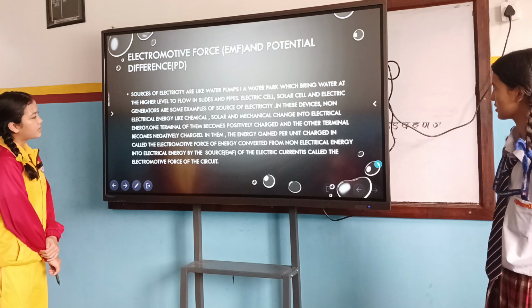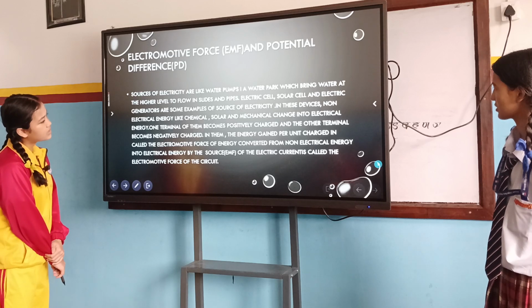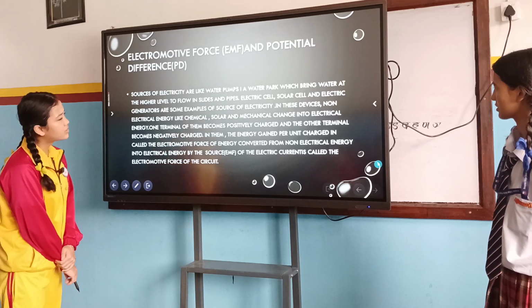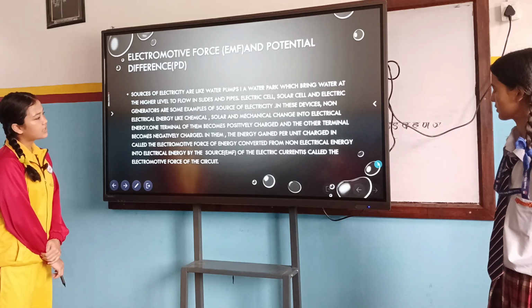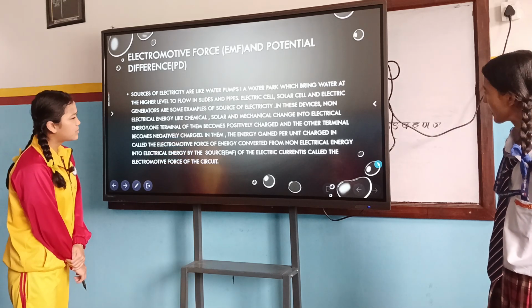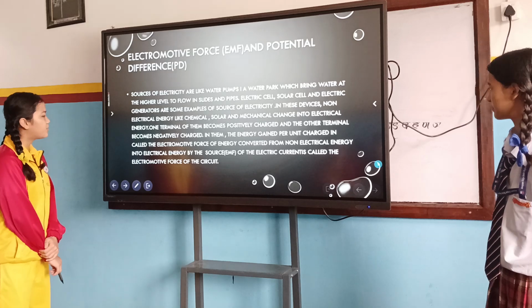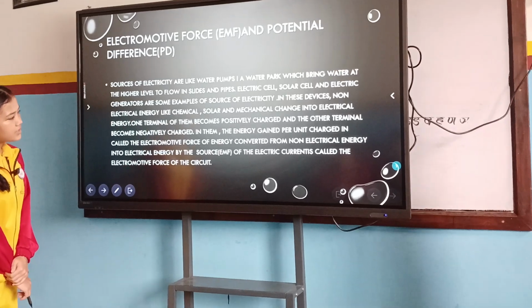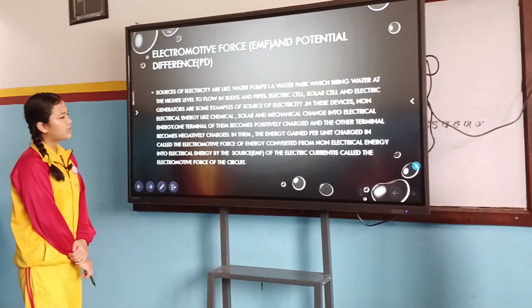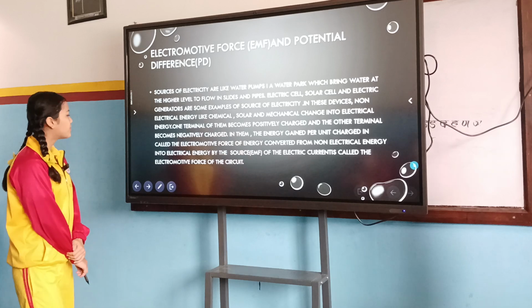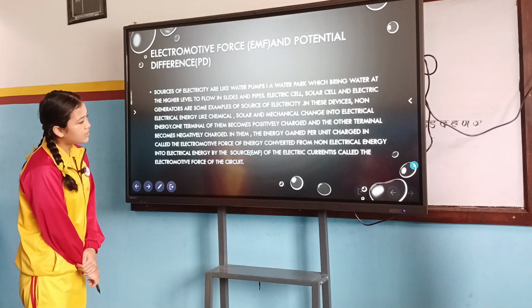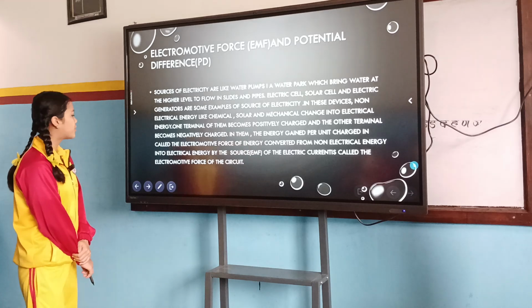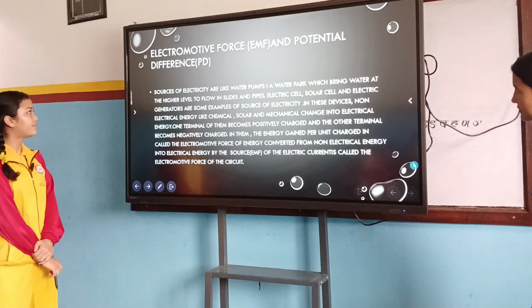One terminal becomes positively charged and the other terminal becomes negatively charged. In them, the energy gained per unit charge is called the electromotive force. The energy converted from non-electrical energy into electrical energy by the source of the electric current is called the electromotive force of the circuit.